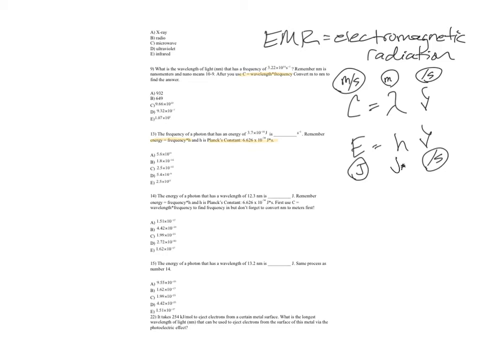That makes sense, because if you have joules times seconds as your units for h, and you multiply that by this number, which is per second, this second, which is a denominator, is going to cancel with this second, which is a numerator. And then you're going to be left with joules.